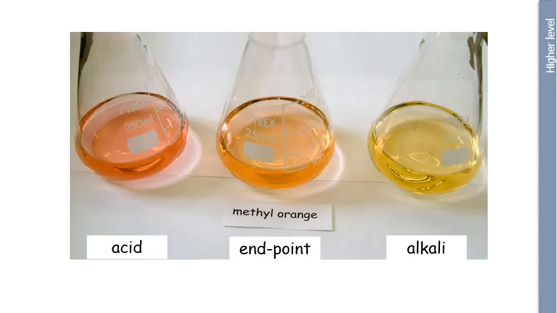Can you see that by this particular diagram? Methyl orange at the end point at around 4.4 is going to be this kind of orange color. In alkali it's going to be yellow, and in acid it's going to be this red color.